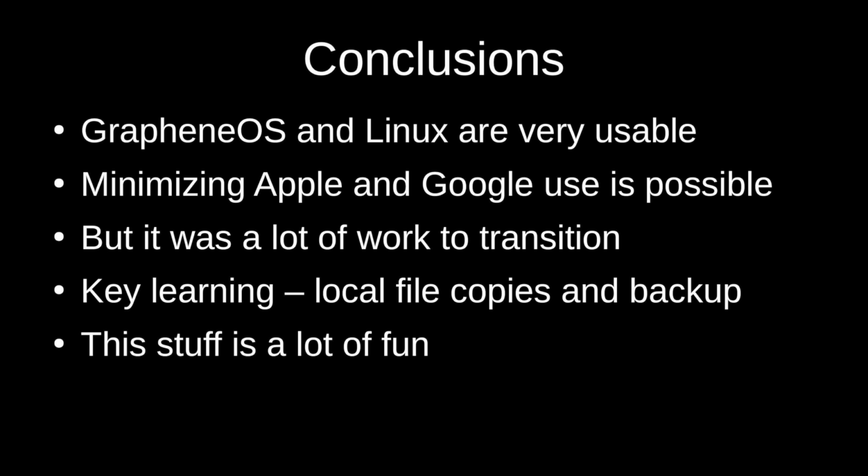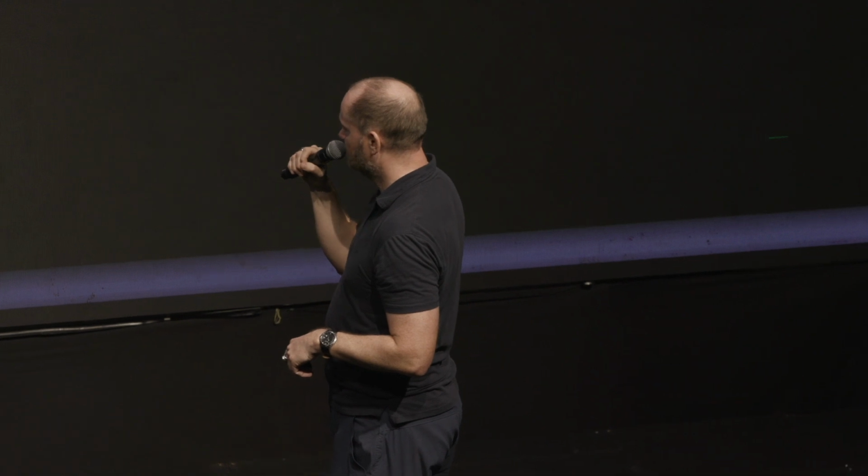Mainly because finding all these different types of apps, right? Just working out, well, what am I going to use instead? How do I transition my things across, and just time and so on. And yeah, local file copies and backup stuff is actually quite simple to do, and we've just sort of forgotten.